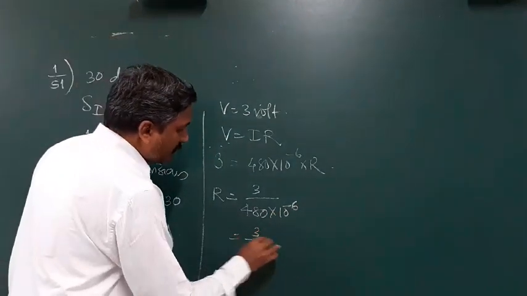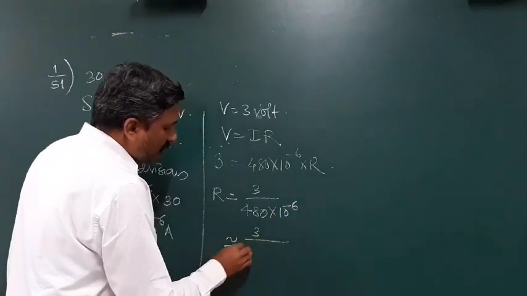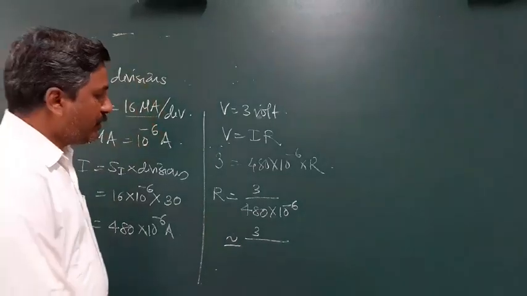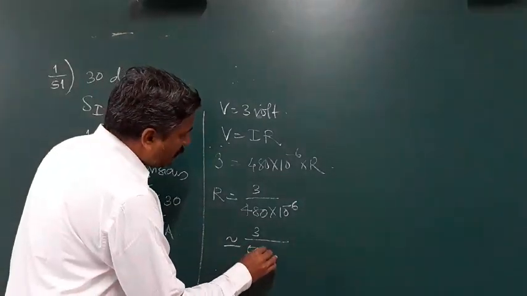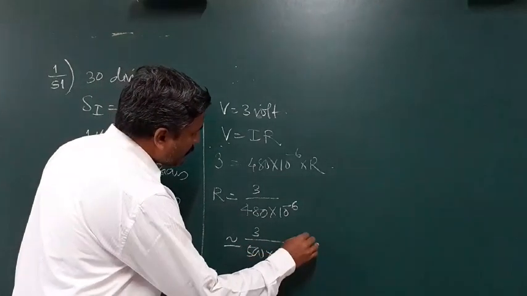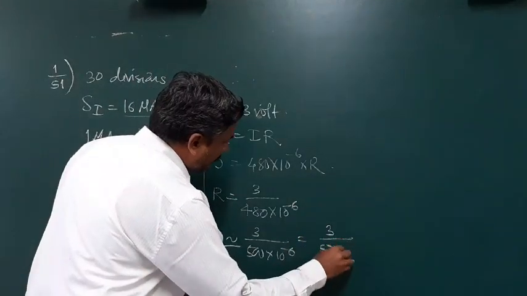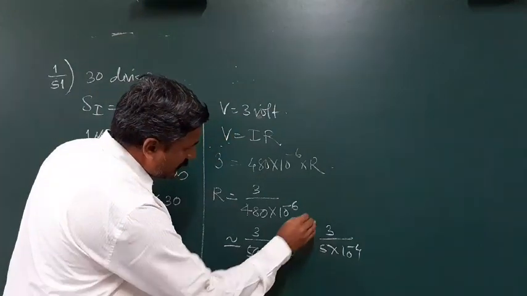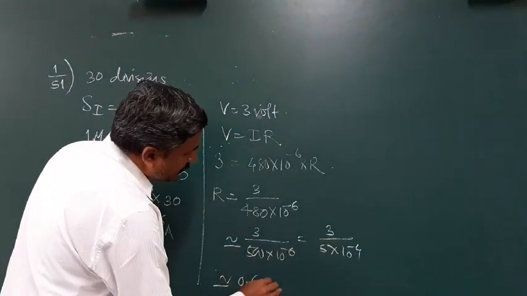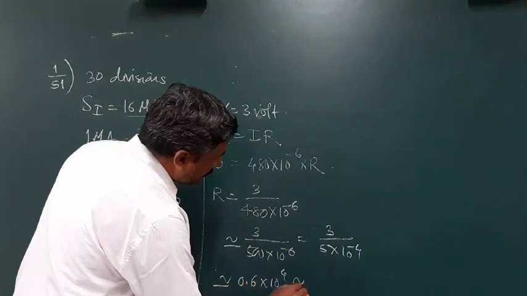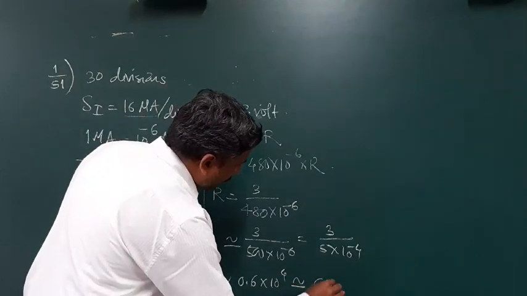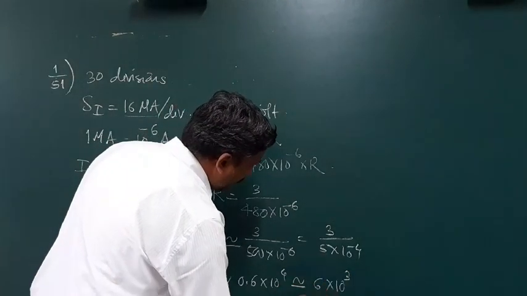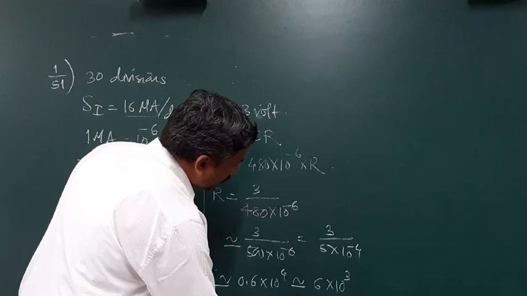Since the options are like this, it is nearly equal to 500 into 10 raised to minus 6. So it becomes 3 into 5 into 10 raised to minus 4, which is nearly 0.6 into 10 raised to plus 4, which is nearly 6 into 10 raised to plus 3, which is nothing but 6 kilo ohm.